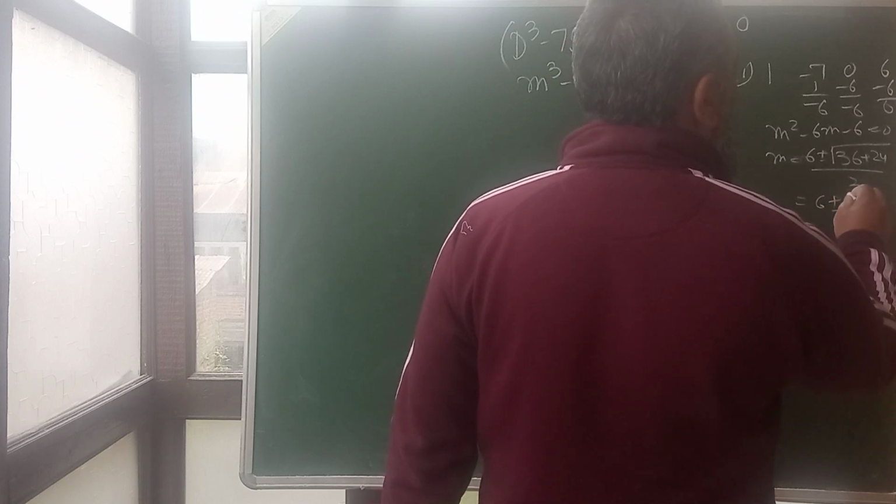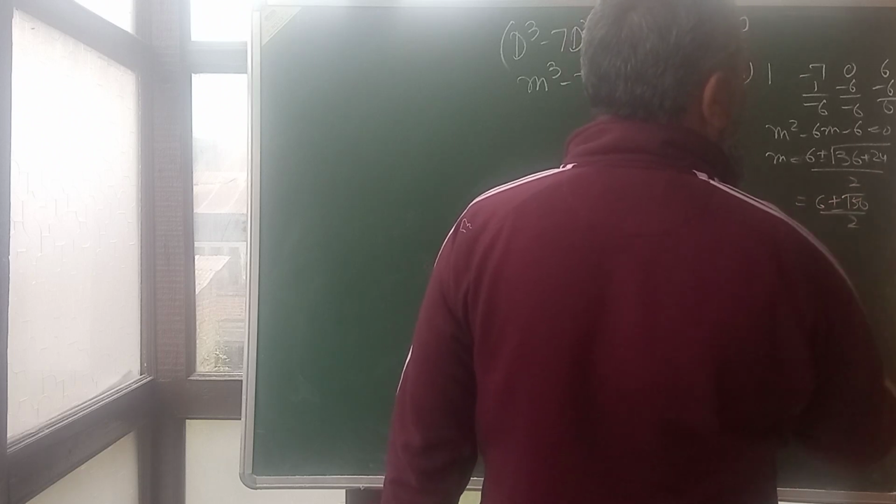So 6 plus or minus the root of 50, by 2. These are alpha and beta.